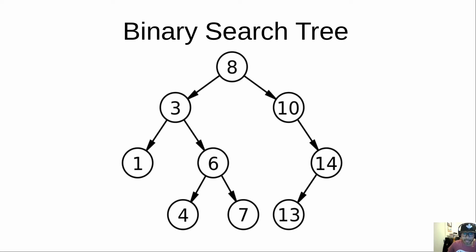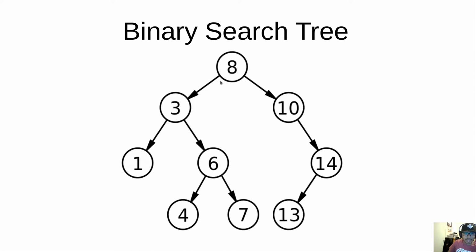So this is a representation of a binary search tree. As you can see, the root node is 8, and the key is 8. So anything less than 8 is put onto the left side, and anything greater than 8 is put onto the right side of the subtree.